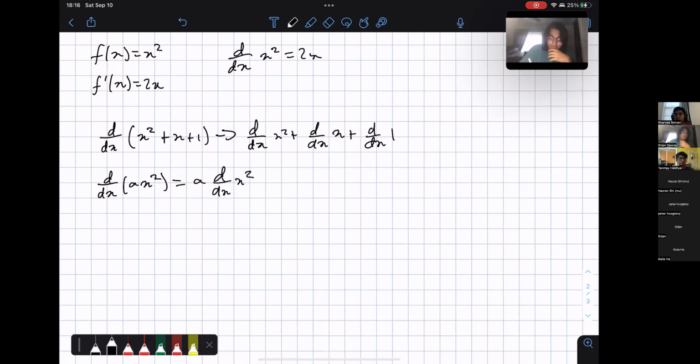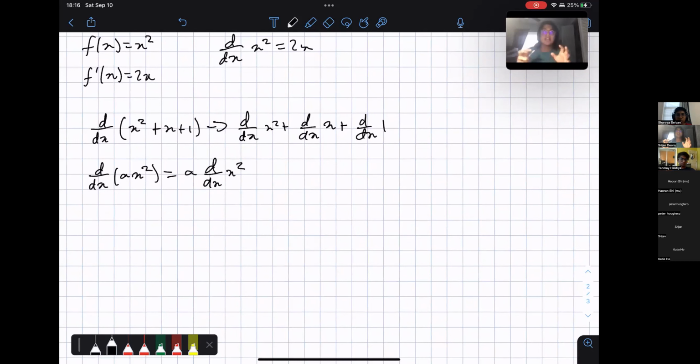And now if you want to evaluate actual functions, the most important rule for polynomials is called the power rule. So in general, the derivative of x to the n is equal to n times x to the n minus 1. Actually, I should write this with a real number. So if r is a real number, then the derivative of x to the r is equal to r times x to the r minus 1.